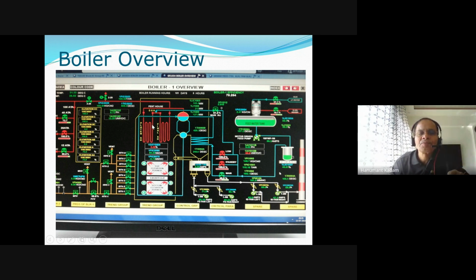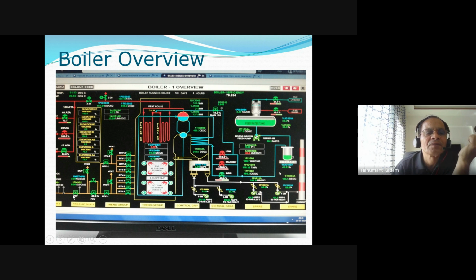Then you can see here the tubes where water is getting heated, and these are the two water drums here. So feed water is coming to the boiler, and you see these are the walls for burners, to start the burners.